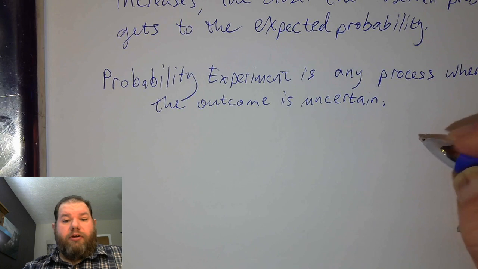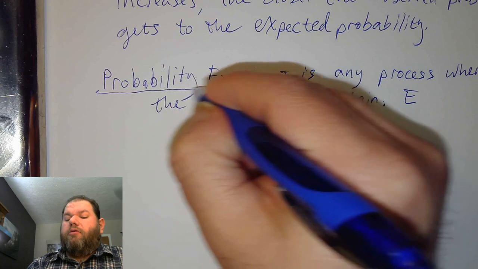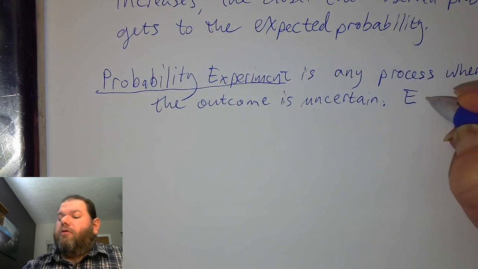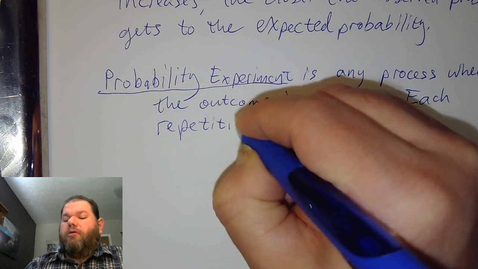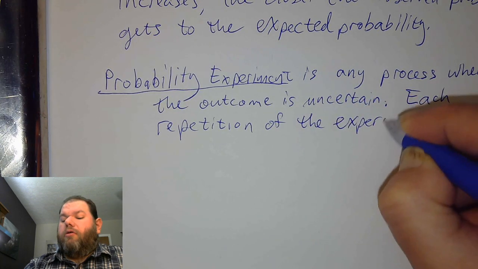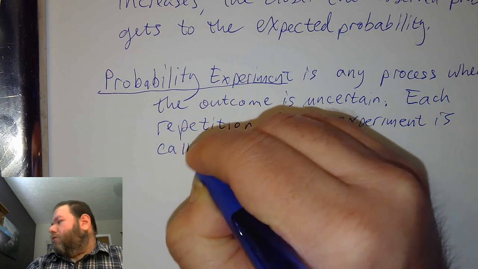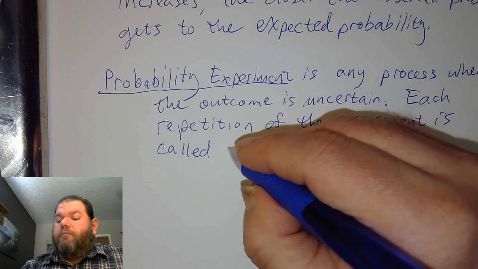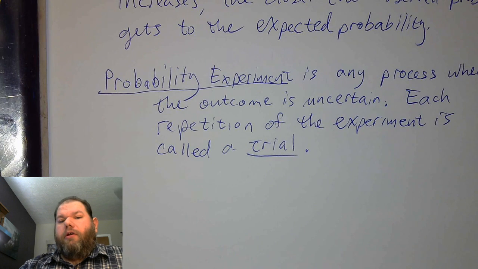Each repetition of the experiment is called a trial. And all of the different outcomes that are possible are referred to as the sample space.